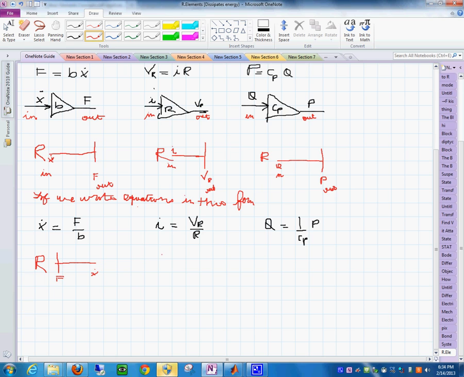And the other one on this side, this is the R element, and what goes out of here is I, and what comes in is this one. This is e sub r. And this one on the right hand side, same thing, but in this case the output is q, the input is p.